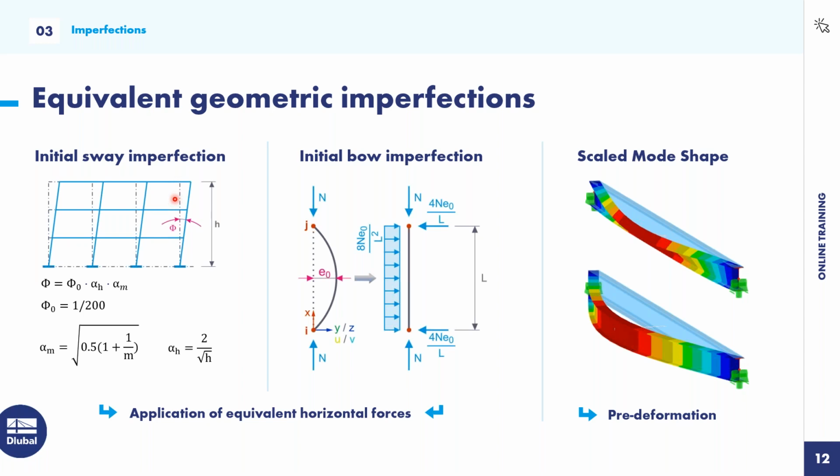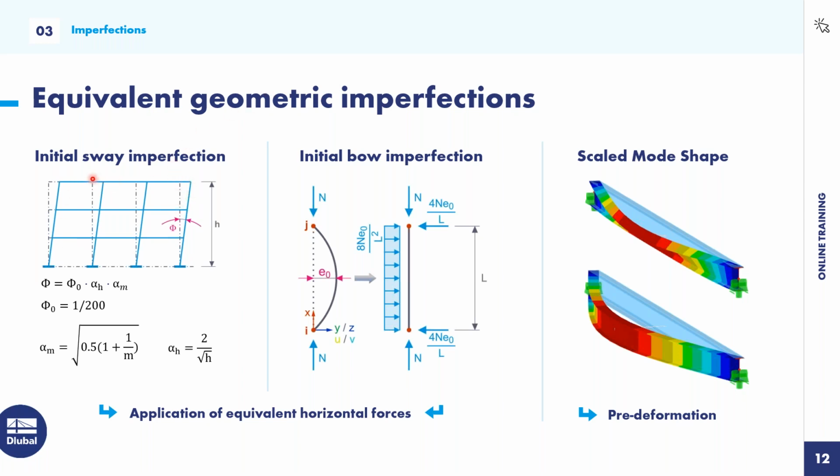And now we have different kinds of imperfections. We have on the one side geometric imperfections, like this initial sway imperfection, and also structural imperfections. And both are taken into account as equivalent geometric imperfections. So we summarize these two different ones into one geometric imperfection.